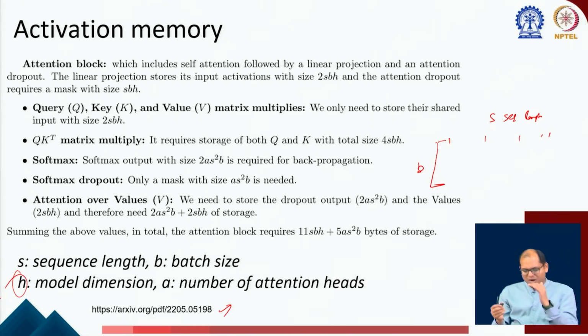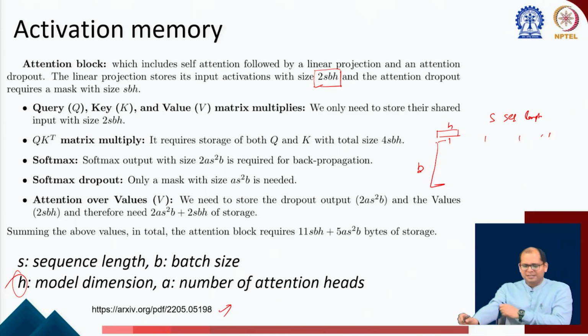So first of all, S is the sequence length, B is the batch size. For each token, you need the embedding dimension, that is H, that is D model, right? So S, B, H, and all of these values will be in 2 bytes. So we are working with 2 bytes for each value, and you need 2 times SBH as the input, right?